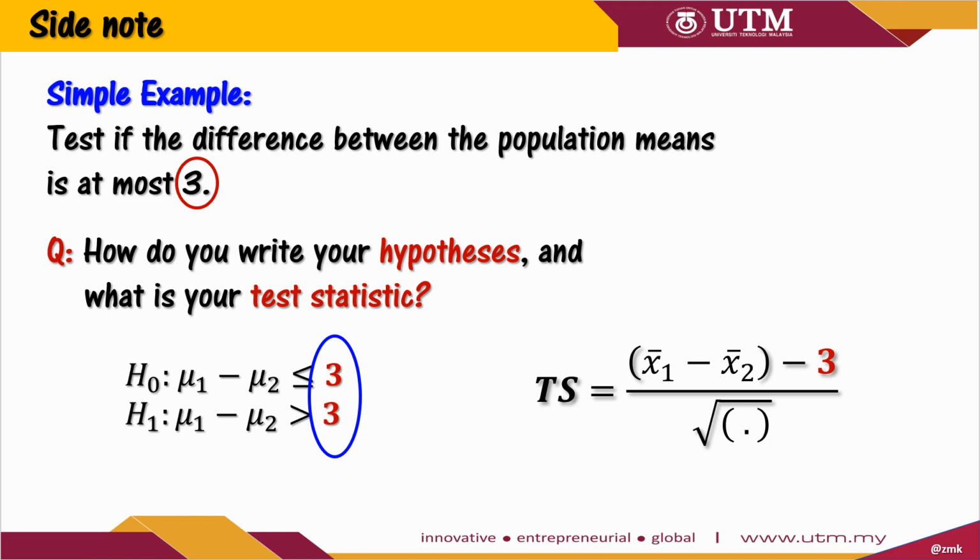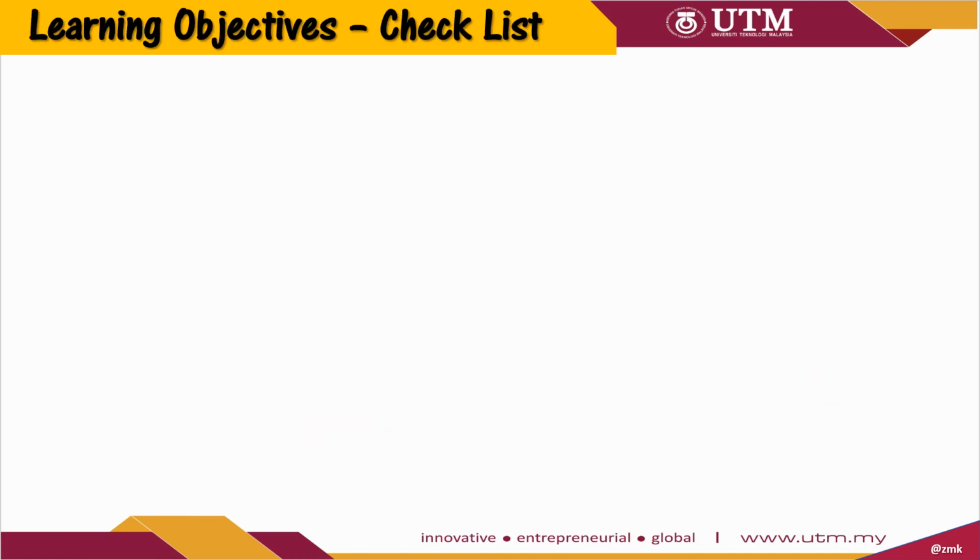Again, what I want to highlight here is this value 3. It is not simply 0 as in the previous examples, but 3. Therefore, please be careful when you want to write down the hypothesis statements and calculate the test statistic, because in this simple example, many students have made such trivial careless mistakes in the past.